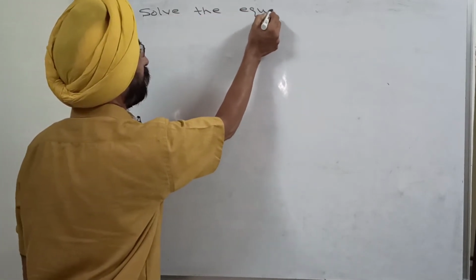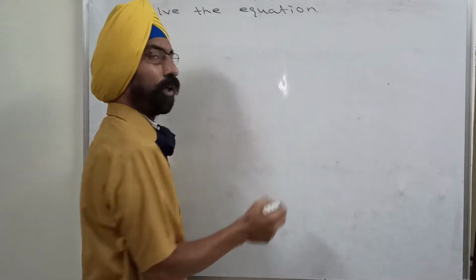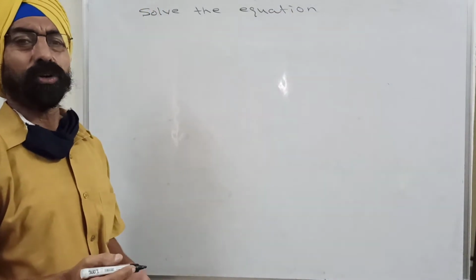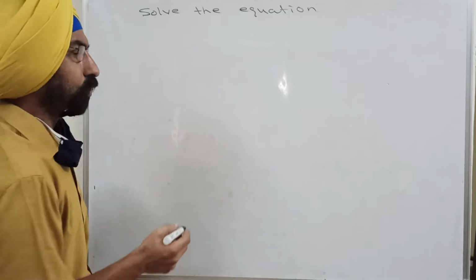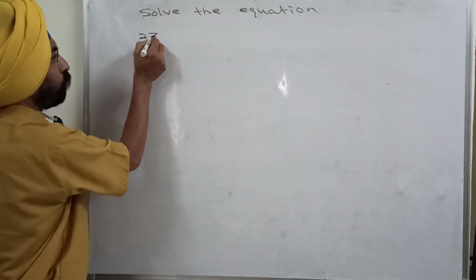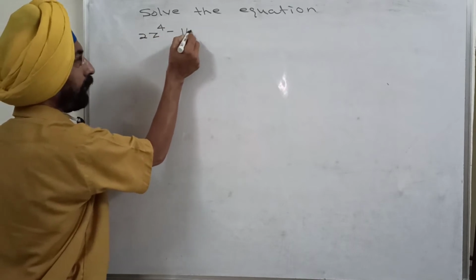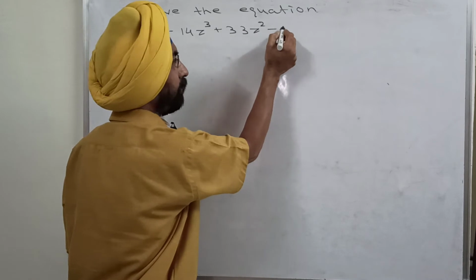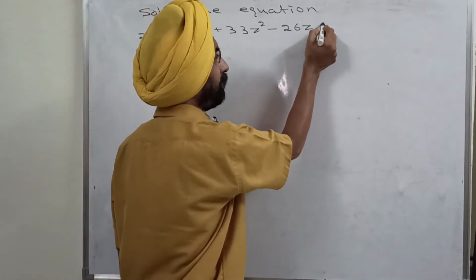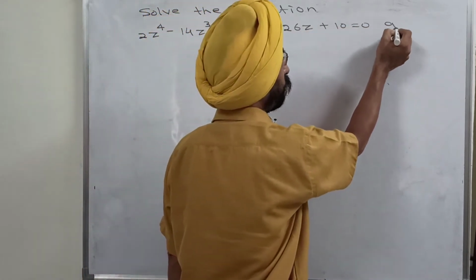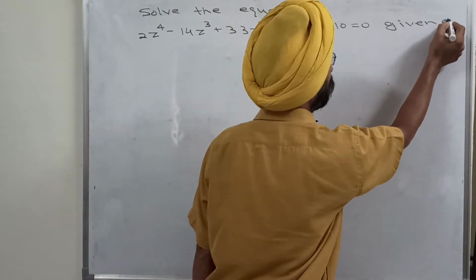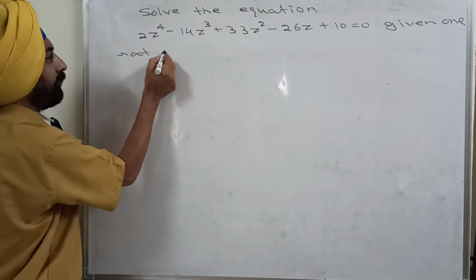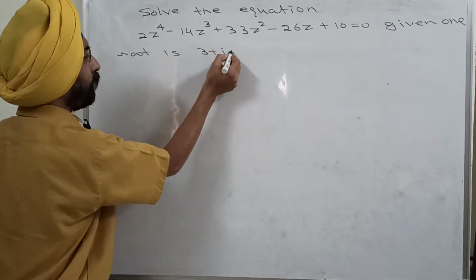The next question is: solve the equation. I'm going to write an equation of power 4 in z. So the equation is 2z power 4 minus 14z cube plus 33z square minus 26z plus 10 is equal to 0, given one root is 3 plus iota.